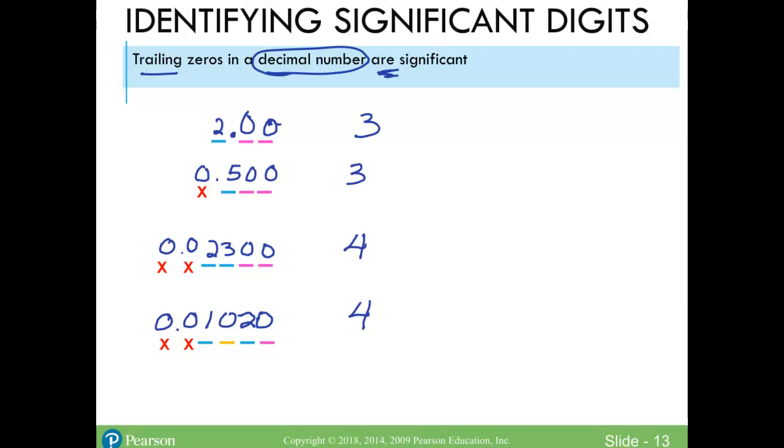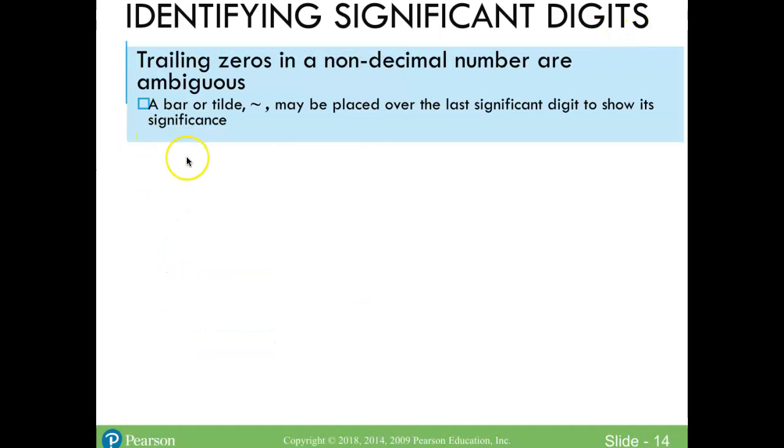Now, the last little rule was about trailing zeros in a non-decimal number. In this case, trailing zeros in a non-decimal number is ambiguous, okay?